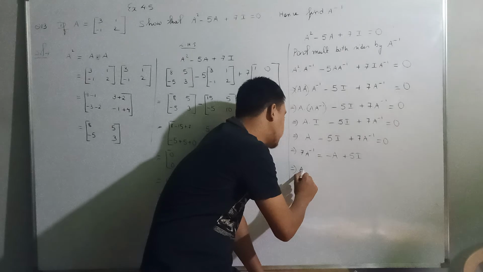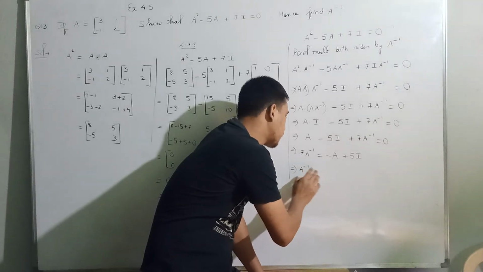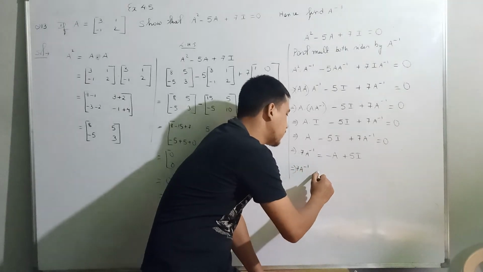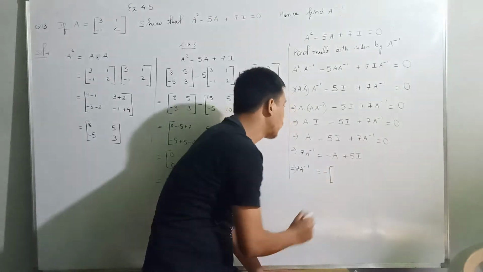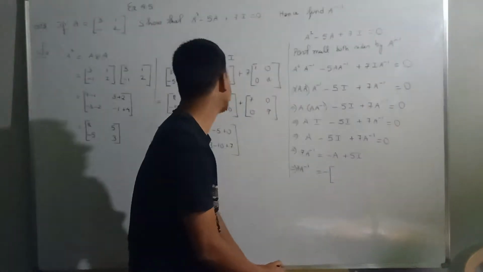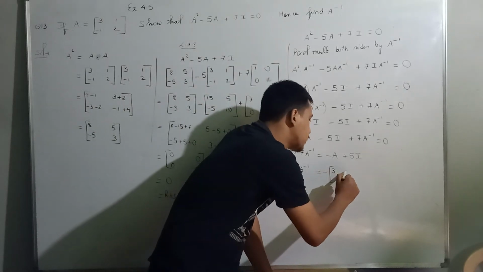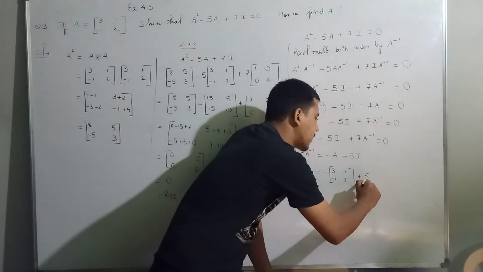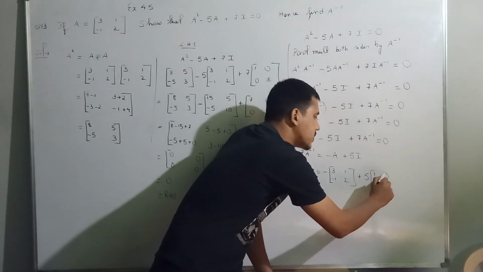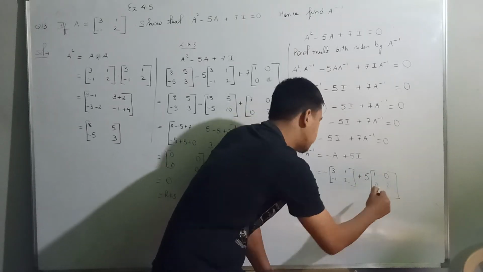Then first your 7A inverse will be minus of your matrix A. Your matrix A is 3, 1, minus 1, 2, plus 5 times your identity matrix 1, 0, 0, 1.